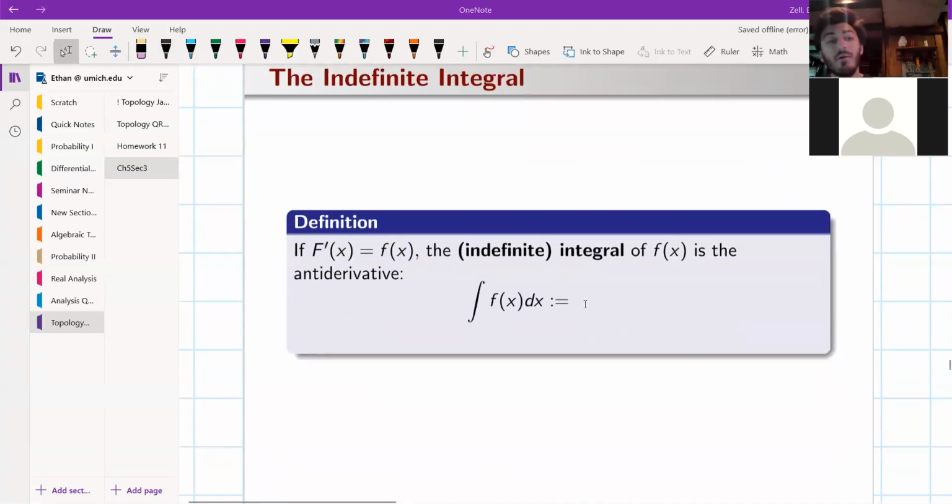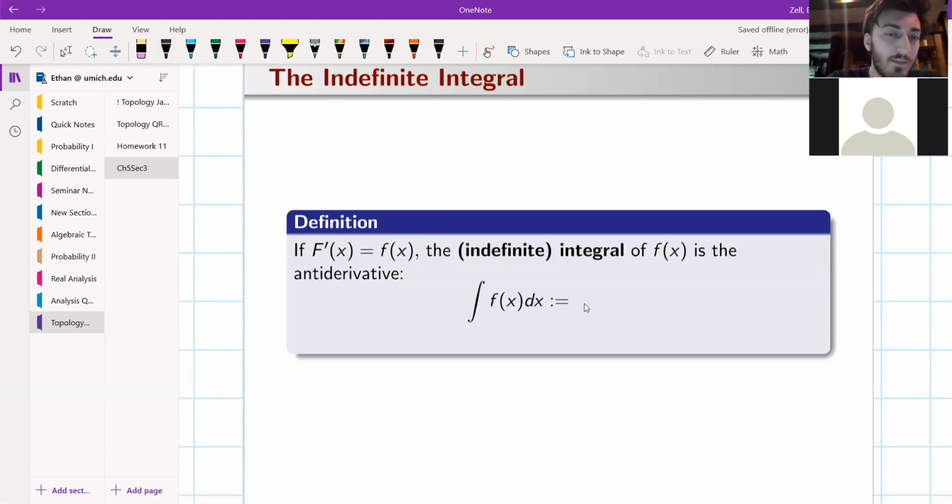All right, so now we're going to use this knowledge to define a slightly new object. So again, we have a similar setup. We have a big F, and we're saying that the derivative of big F is little f. And we're going to define the indefinite integral of little f to be, we're going to denote it like this.